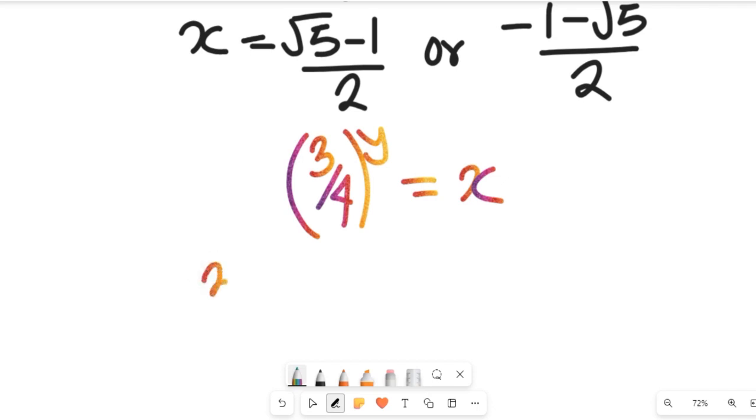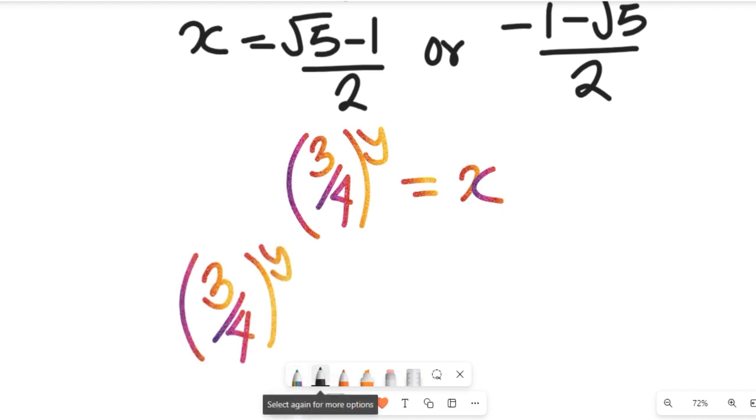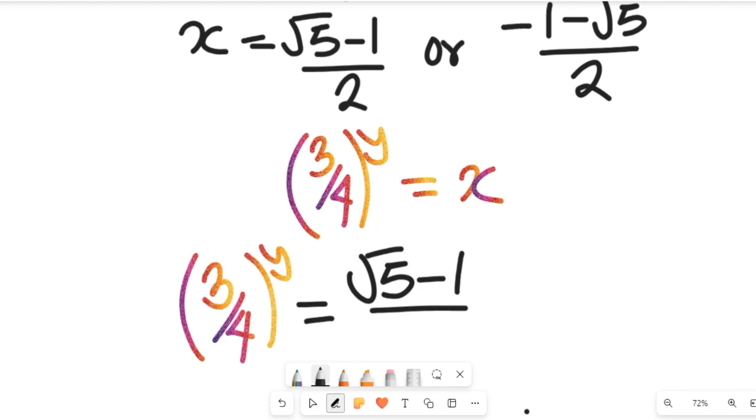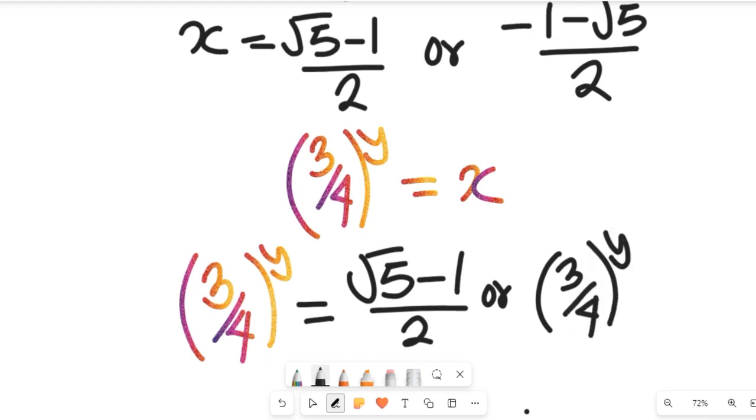We'll have 3 divided by 4 all to the power of y equal to root 5 minus 1 divided by 2, or 3 divided by 4 all to the power of y equal to minus 1 minus root 5 divided by 2.